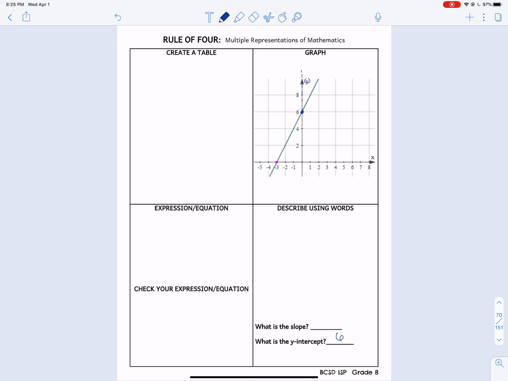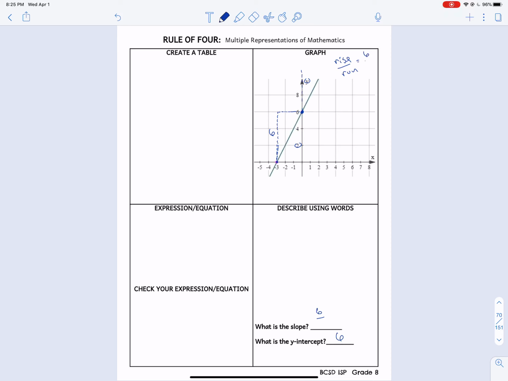And then our slope, so we need 2 points. And then we can figure out the rise and the run. All right, so we go from 0 up. So here's, look at the numbers, don't count the boxes. So 2, 4, 6, so up 6. Okay, slope 6 over. So it's rise over run.